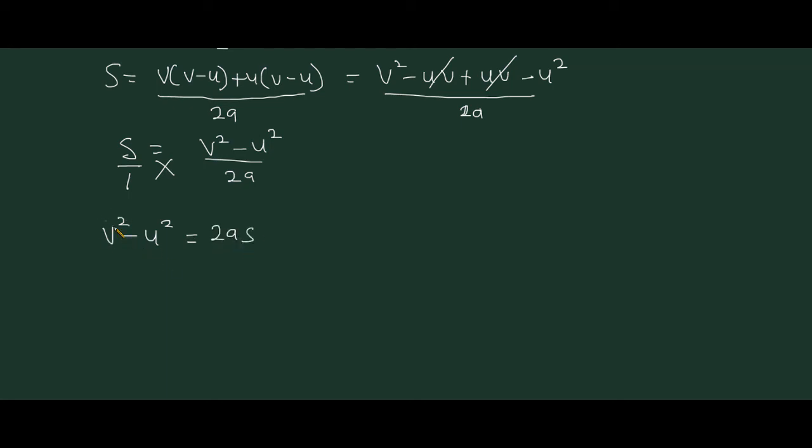To make v squared stand alone, I add u squared to both sides to cancel this out, so v squared is equal to u squared plus 2as. And so we can see that we have the same formula as the one above for the third equation of motion.